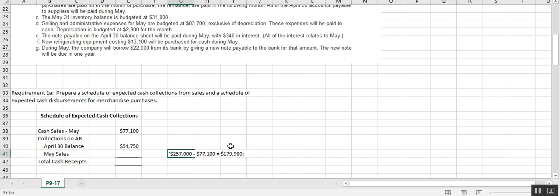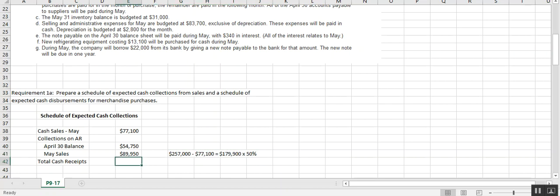And then 50% of that was collected. So if I take 179,900 times 50%, it's 89,950. So this is just the formula that I use to calculate the collections of cash for May sales.